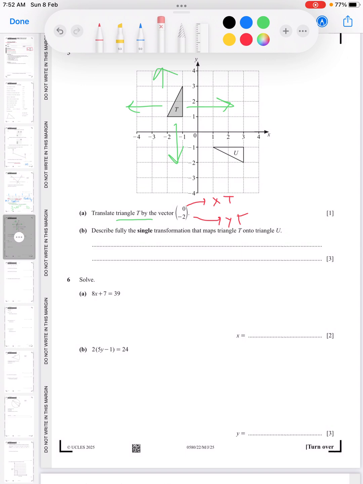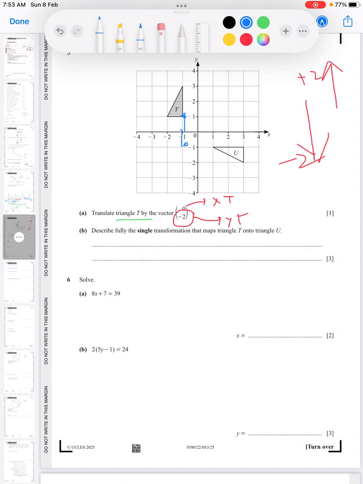So let me clear it. We don't have x-axis translation, so it will be a y-axis translation. In the y-axis we have minus 2, which means we need to go down. If we have a plus 2, then we go up. For minus we go down. So let me choose this point, and we need to move 2 down, 1 and 2. So this point must be here.